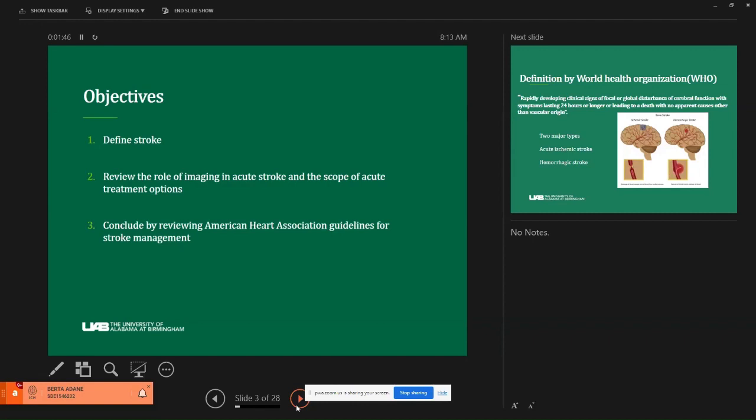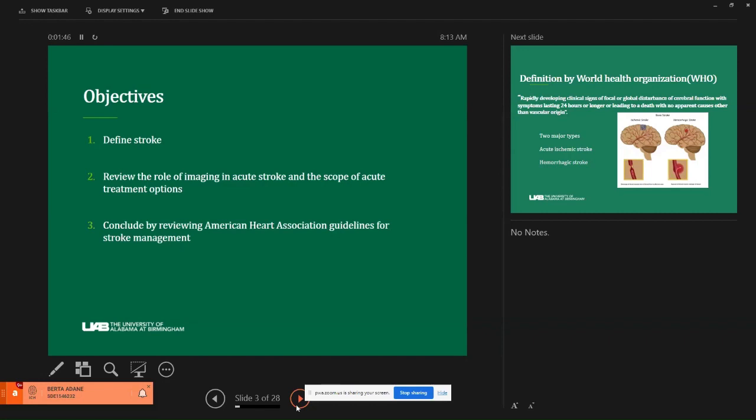The remaining 20% make up a big category called hemorrhagic strokes. Hemorrhagic strokes are due to rupture of small branch vessels within the cerebral hemisphere, typically the lenticulostriate arteries, which arise from the middle cerebral artery and anterior cerebral artery. The management of acute ischemic stroke is obviously different from hemorrhagic stroke, and we will review them in the next few slides.